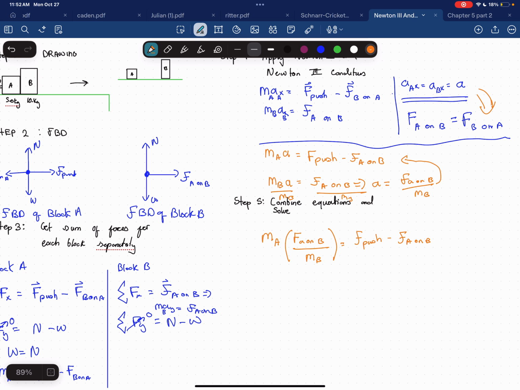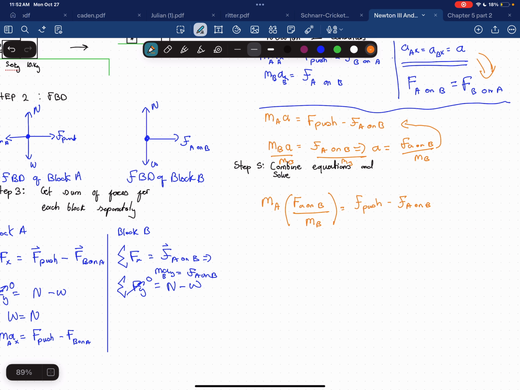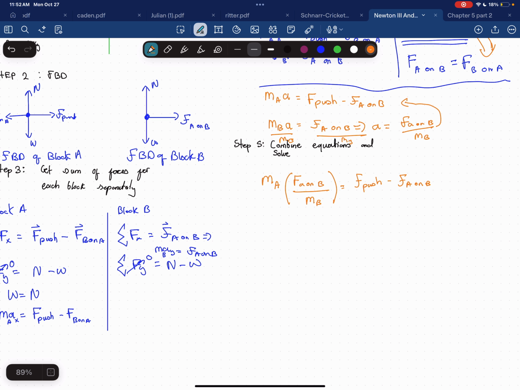All right, now this is just an algebra problem. A common phrase that I say: the physics is nearly done. We want an expression that tells me what F of A on B is. So let me try and get F of A on B on one side and F push and other stuff on the other side. To get rid of the m_B, I multiply both sides by m_B over m_A.